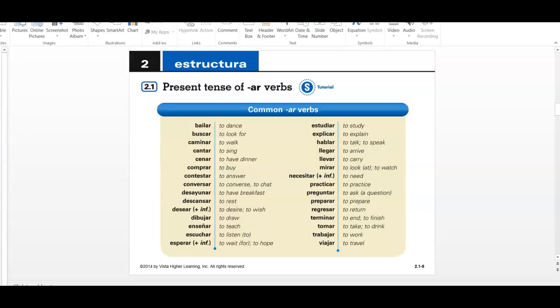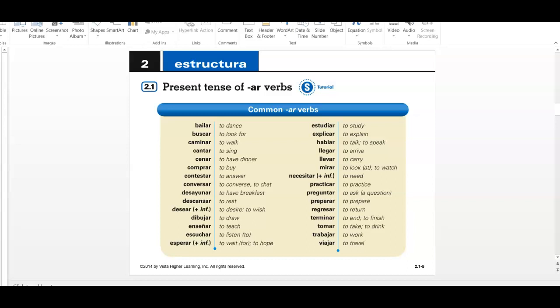So these are common AR verbs. I will go through them for pronunciation quickly. So the first one is bailar, buscar, caminar, cantar, cenar, comprar, contestar, conversar, desayunar, descansar, desear, dibujar, enseñar, escuchar, esperar.